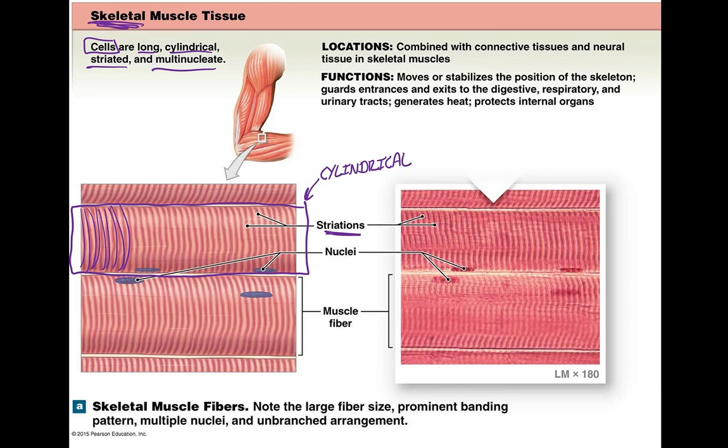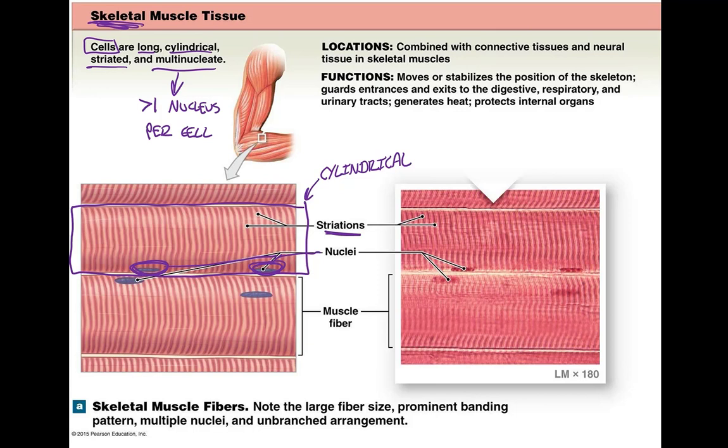It almost looks striped. Also, notice this single cell here has not one, but two nuclei. Okay? Multinucleate means there's more than one nucleus per cell. Skeletal muscle cells can have 2, 3, sometimes 4 nuclei.